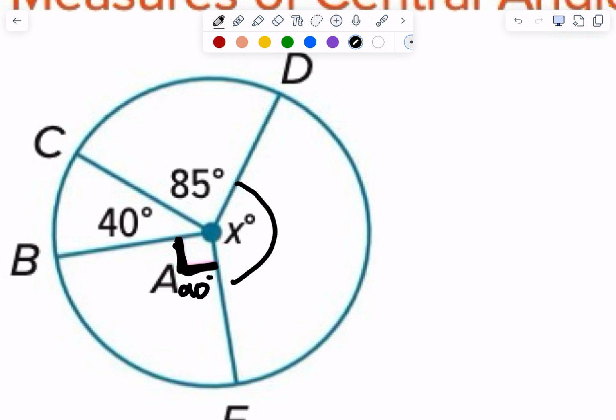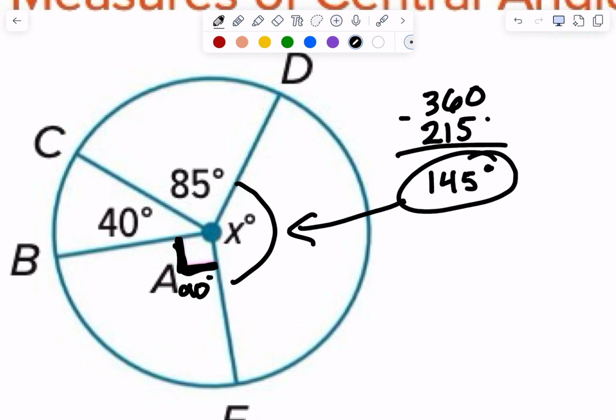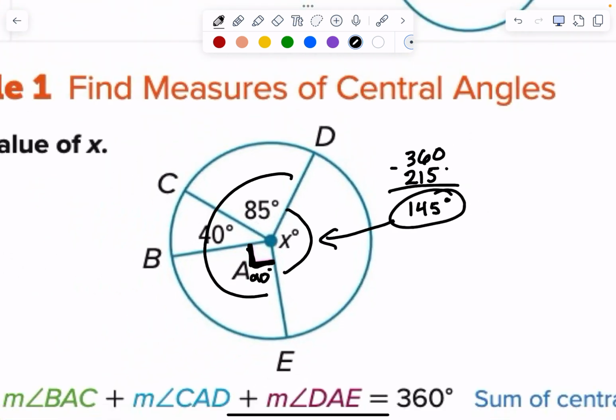Well, 130 plus 85. 215. Is that true? Somebody do that. 215. And we subtract that from 360. 145 is what angle X is, right? So these add up to be 215. Subtract from 360, you get angle X. Does that make sense? Clear as mud?